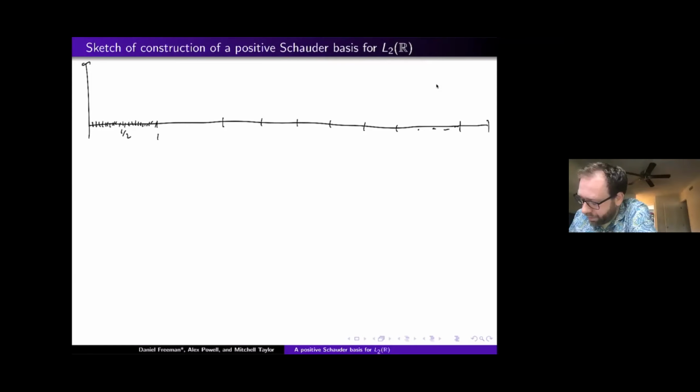So if we want to look at what our first vector z1 is going to look like, on this first interval 0 to 1/2, it's going to look like this, where this first part is epsilon a1 root capital N. The second height is epsilon a2 root capital N, and so on.